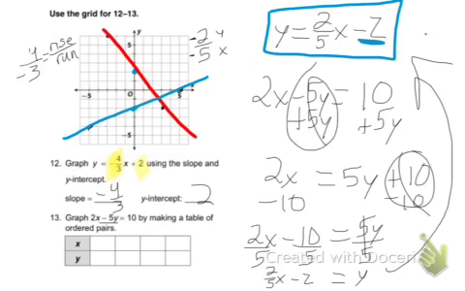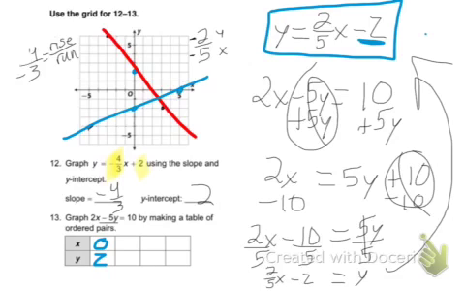So the red line is problem 12, and the blue line is problem 13. Now it does want us to fill in a box, so I'd fill in the ones that we used. The first one is when x is 0, y is 2.